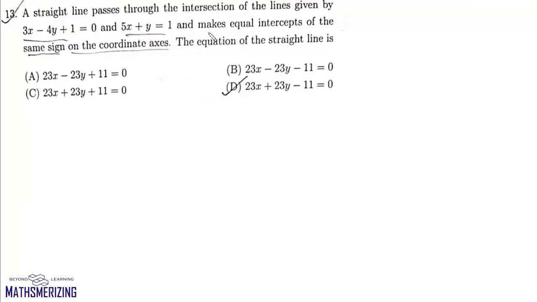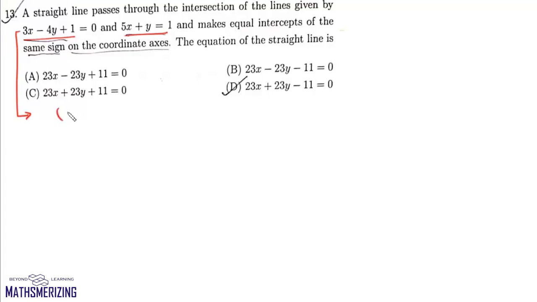Now question number 13 is, a straight line passes through the intersection of lines given by 3x minus 4y plus 1 and 5x plus y minus 1 equals 0 and makes equal intercepts of the same sign on the coordinate axis. We need to find equation of this straight line. Now first we'll find equation of family of lines which passes through point of intersection of two given lines.